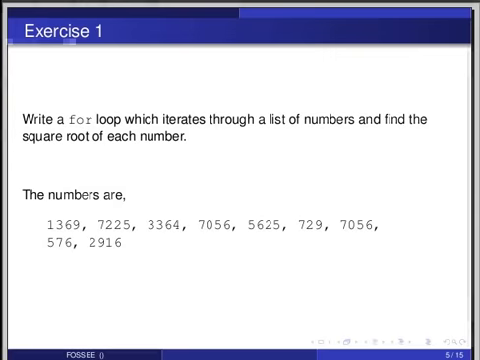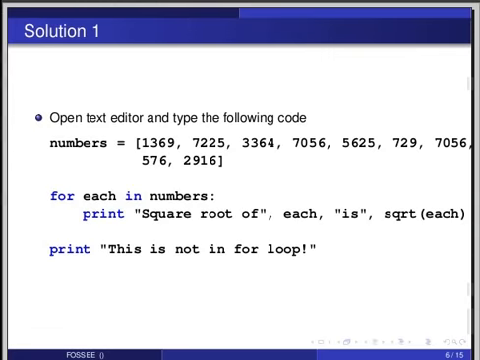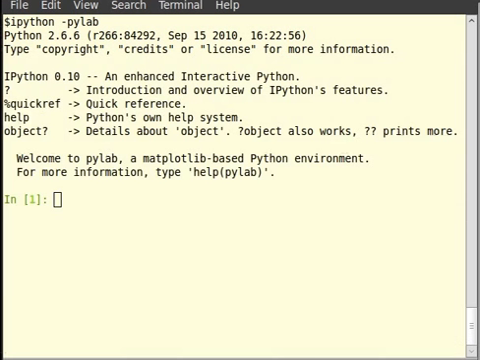For the problem, first we need to create a list of numbers and then iterate over the list and find the square root of each element in it. And let us create a script rather than typing it out in the interpreter itself. Open your text editor and type the following code shown on the slide. Now switch to terminal and run the script.